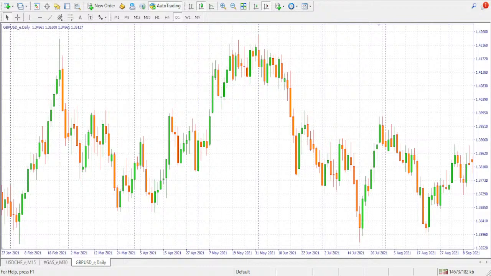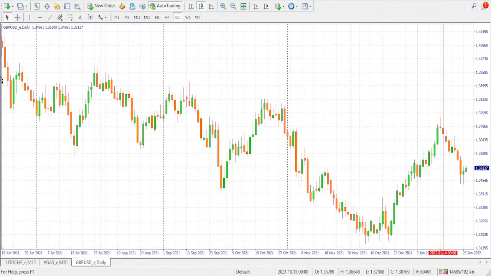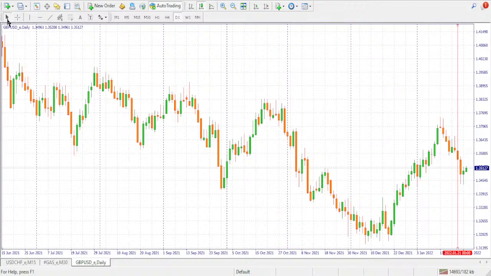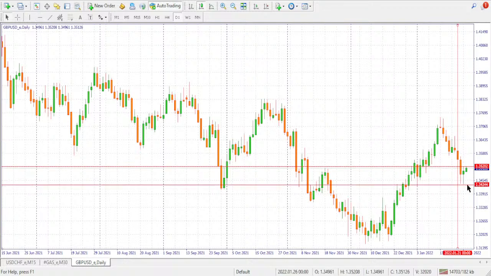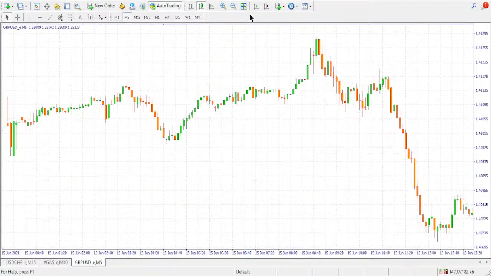So in this case, we have this candle here, the previous day's candle. Let's see if you are having any shape currently forming. We have the high here and the low here. This is the previous day's candle. So we check the 5 minutes chart.